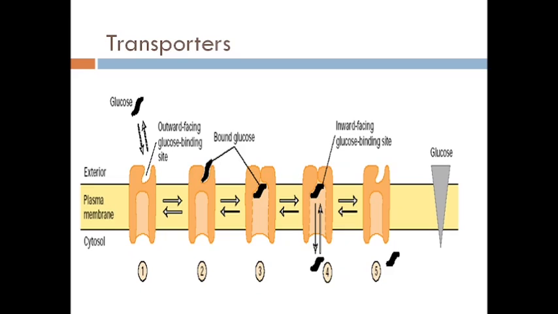Here we can see the example of the glucose transporter. In the first figure, we can see that the transporter protein is ready to catch the glucose molecule. First of all, the glucose molecule will go and bind to the carrier protein, and then after, the carrier protein will change its conformation.